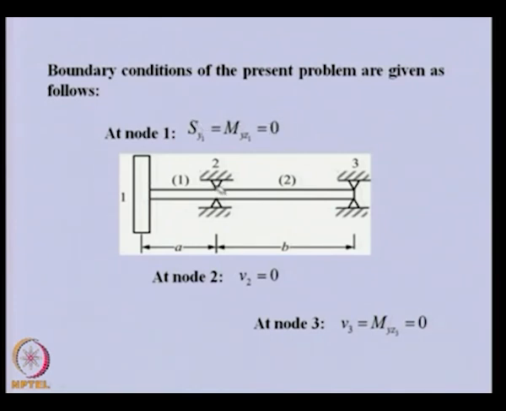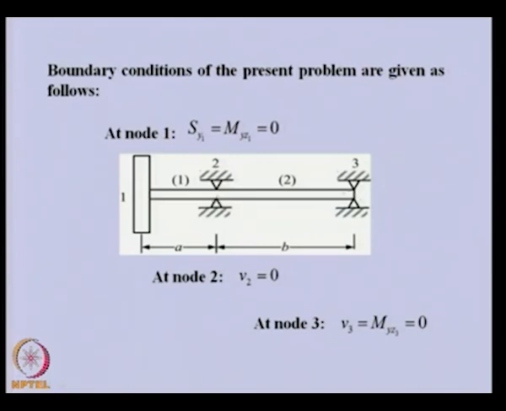At node 2, we have displacement 0 because this is a support, and at node 3, not only the displacement but moment is also 0. In this particular support, the moment is not 0. As such, this is not a simply supported condition. That is why this moment is not 0.